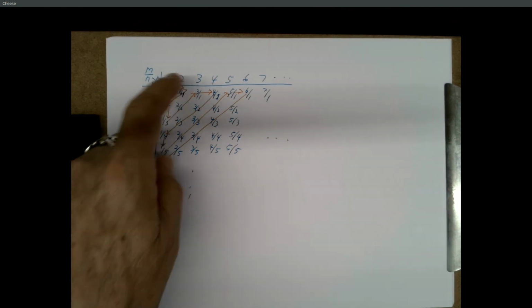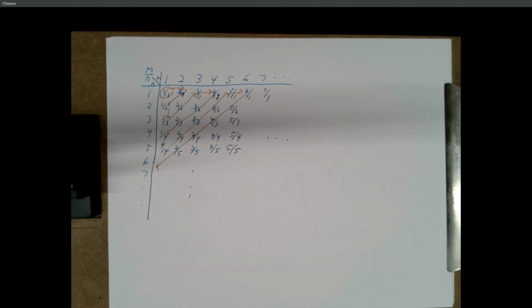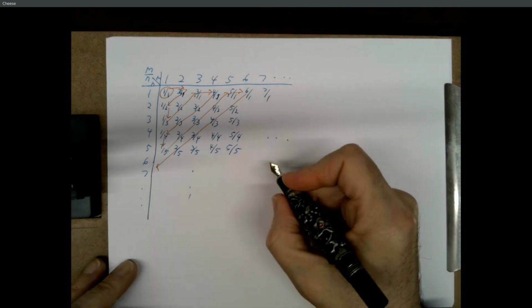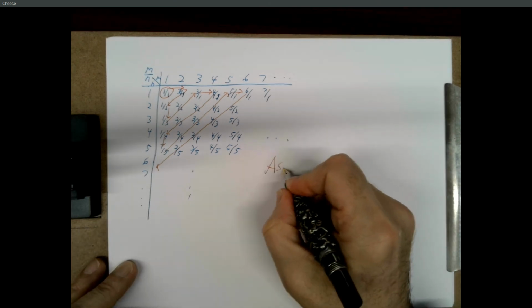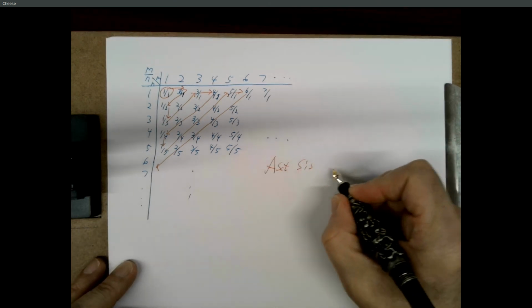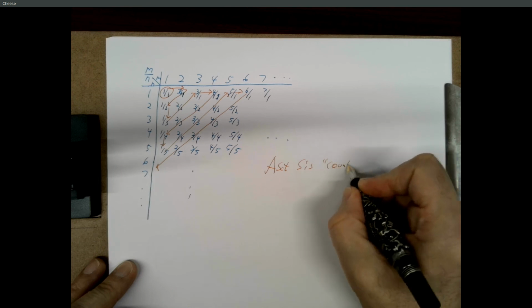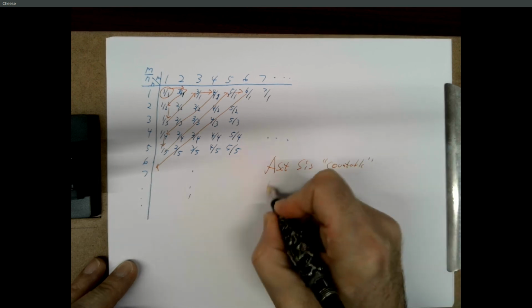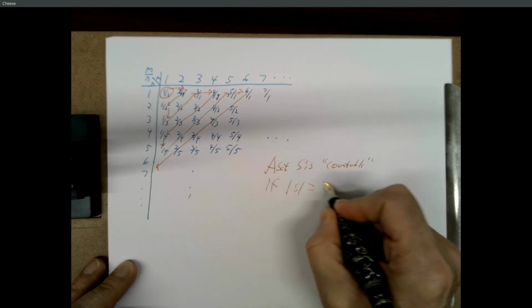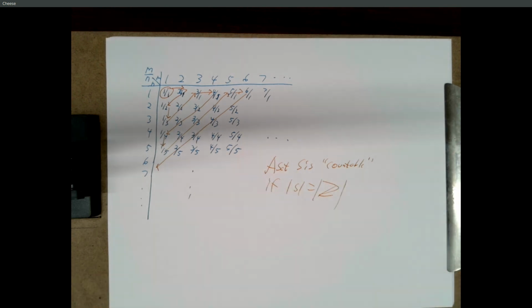Right? 1, 2, 3, 4, 5, 6, 7, 8, 9, 10, and so on. And so the term countable, a set S is countable if the cardinality of S is the same as the cardinality of the integers.